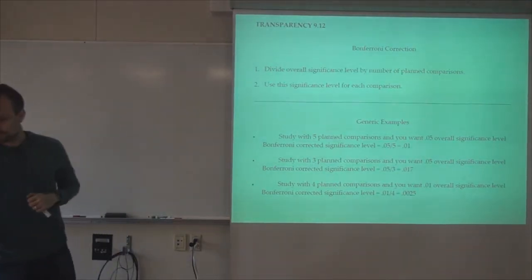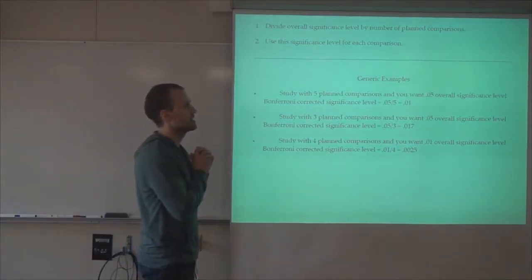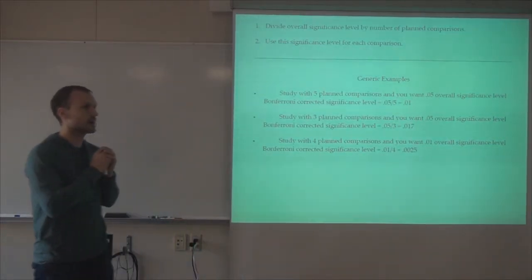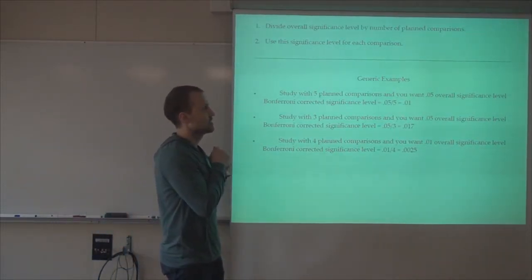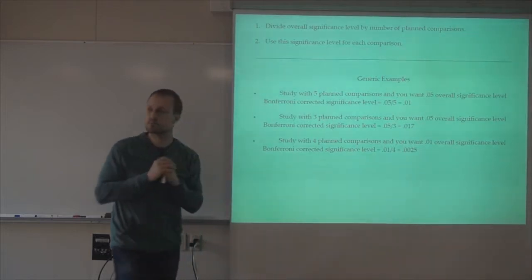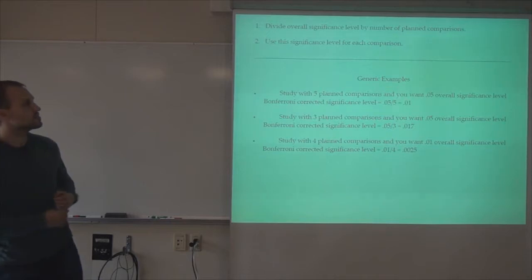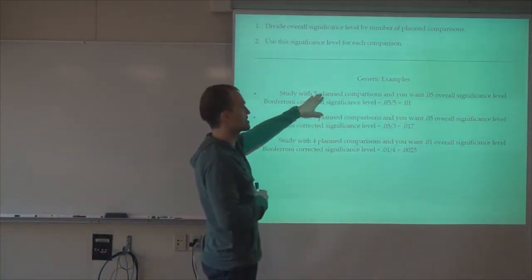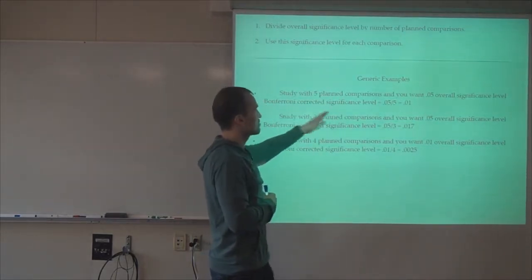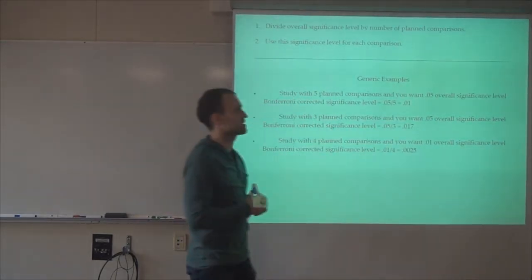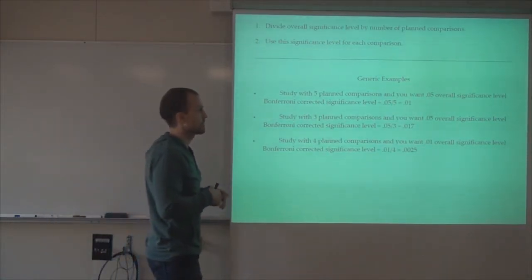And I'm going to use that significance level, a much smaller alpha. So I'm not going to reject as easily, but overall I'm not running the risk of a type 1 error as much. So for example, if I have 5 planned comparisons and overall was a 5% alpha, I would divide that by 5 to get an alpha of 1% if I do it one pair at a time.